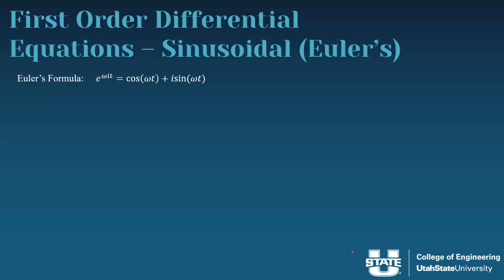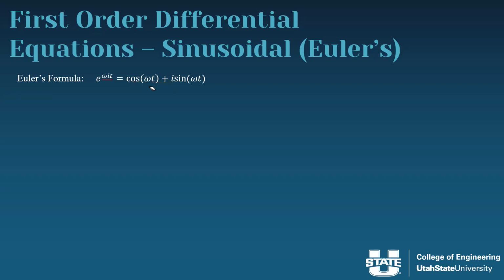Sweet. So I am going to go over Euler's equation and how we can use it in solving first order differential equations. Anything that has an imaginary number in the exponent, you will want to use Euler's equation.